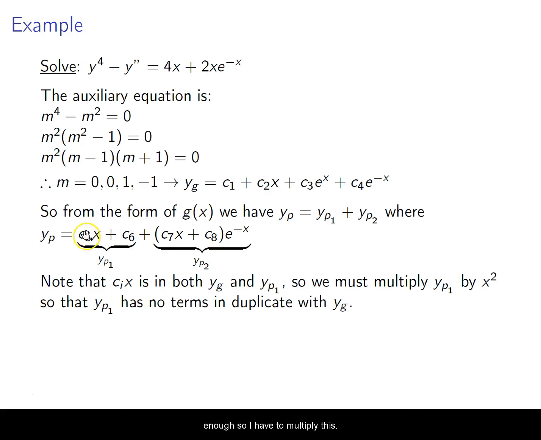So I have to multiply this by x squared. If I multiply this by x squared, I get c6x squared, c5x cubed. There is no x squared or x cubed here. So in order to get rid of the multiplicity in yp1, I have to multiply this by x squared. That's the lowest value that's going to get rid of the multiplicity.